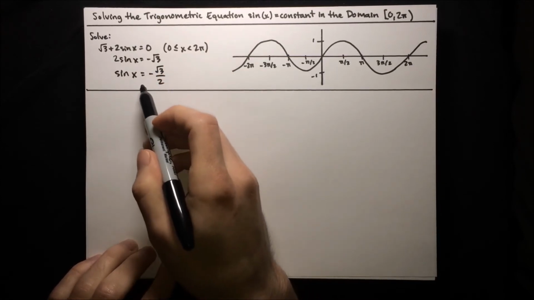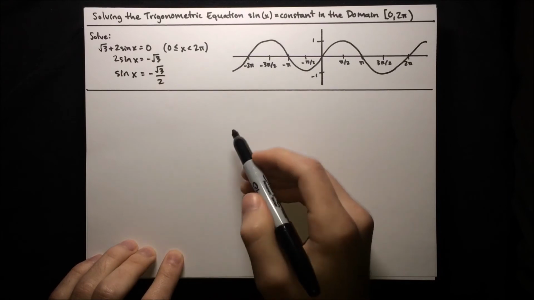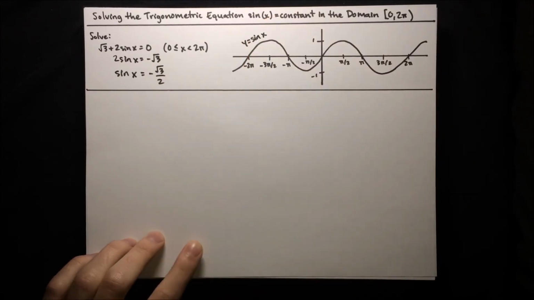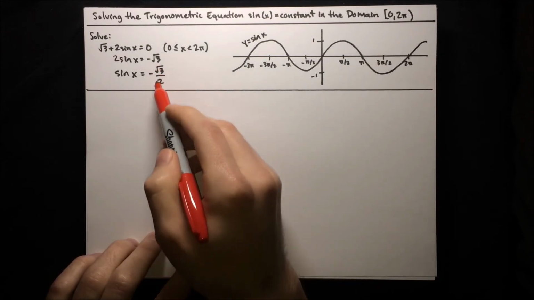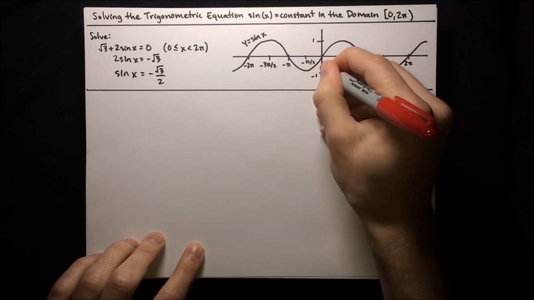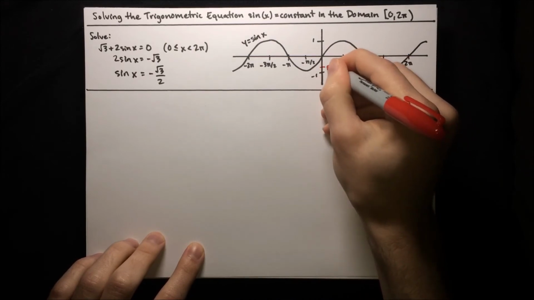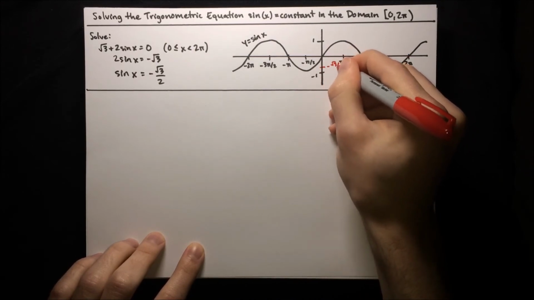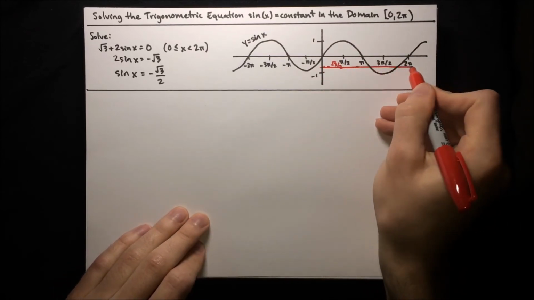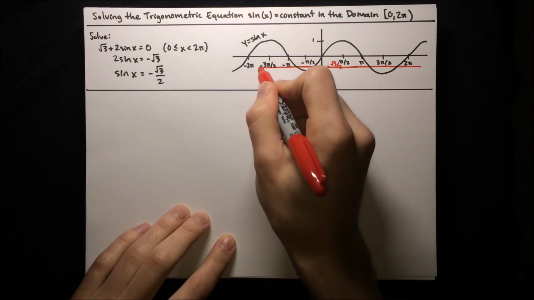Okay, so now we just need to put this on our graph of sine of x. This is our graph y equals sine of x, and negative root 3 over 2 is pretty close to negative 1. It's a little bit above, a little bit closer to 0. Put it right here, negative root 3 over 2, and let's draw that line just to get an idea of what this looks like graphically.